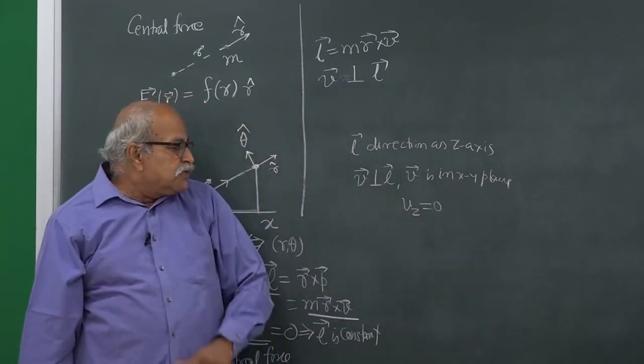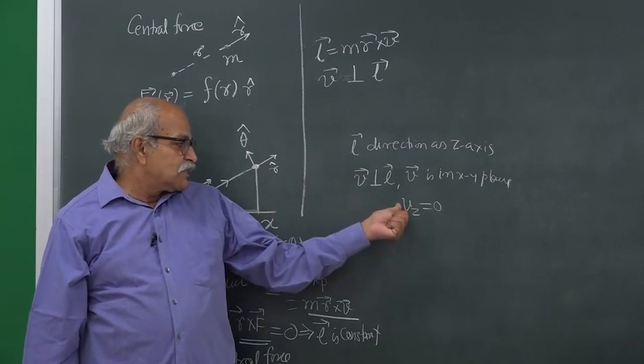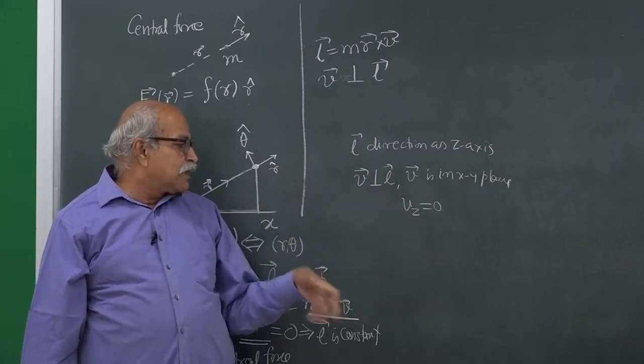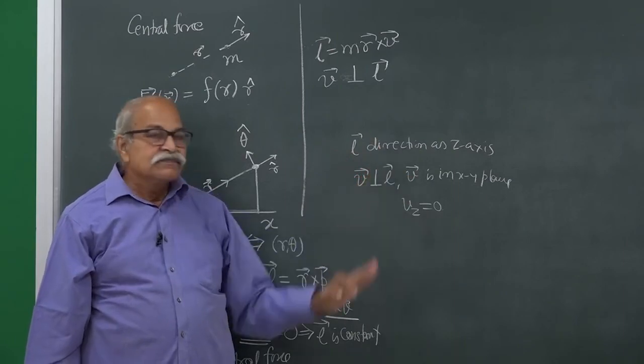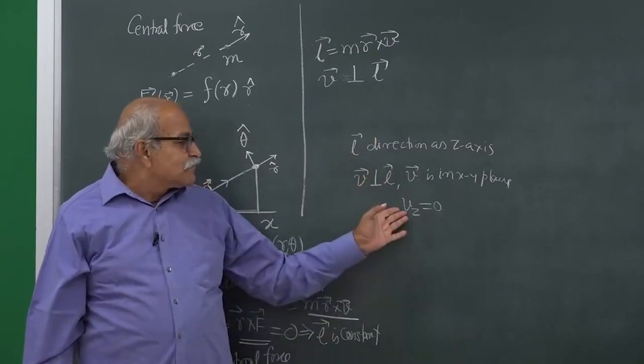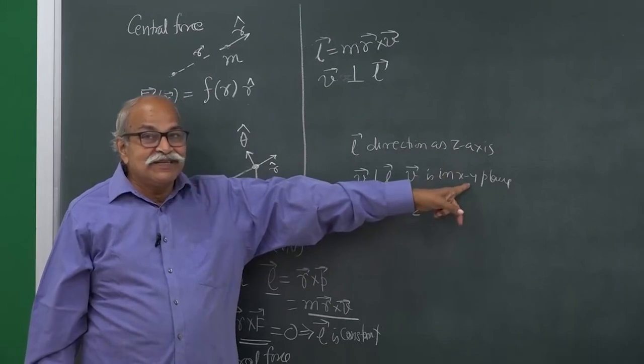So, if initially there is no component in z direction, then you cannot pick up any magnitude of that, it has to remain in the xy plane.